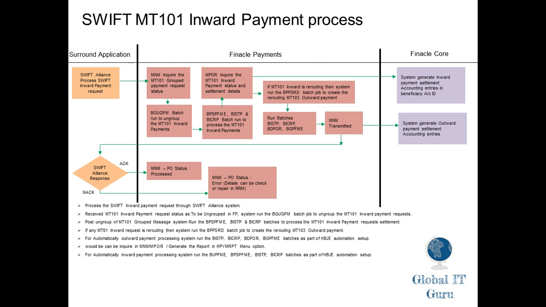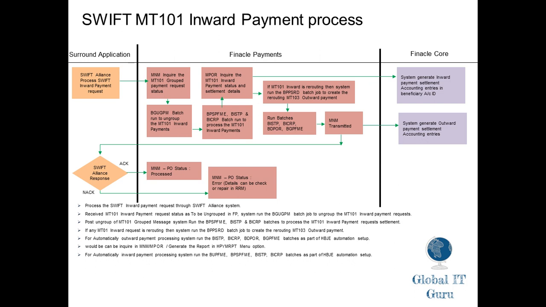Post ungrouping, the system runs the specified batch jobs to process the particular inward payment. And if any inward payment is rerouting, then the system runs the batch jobs again to create that particular outward payment order.